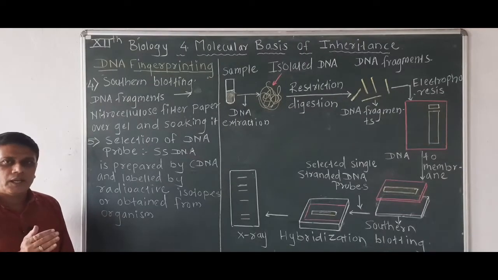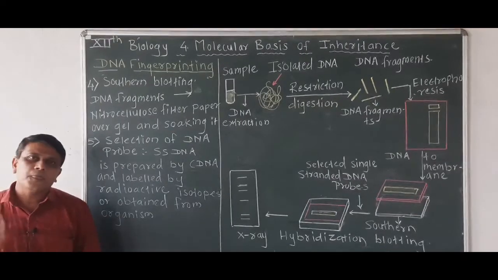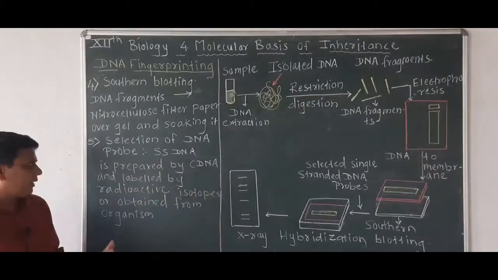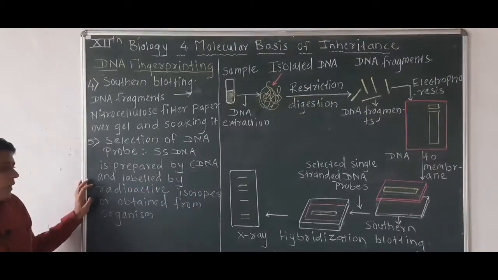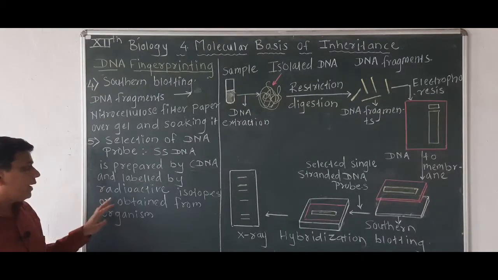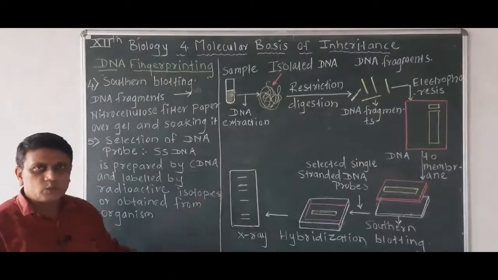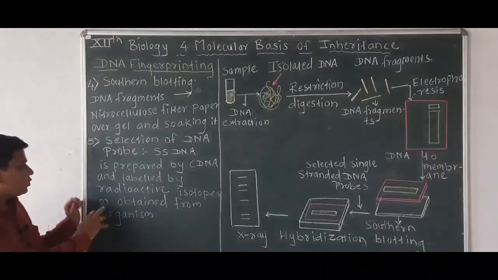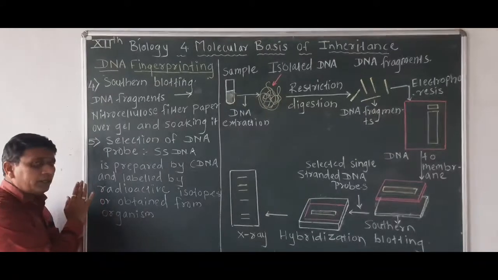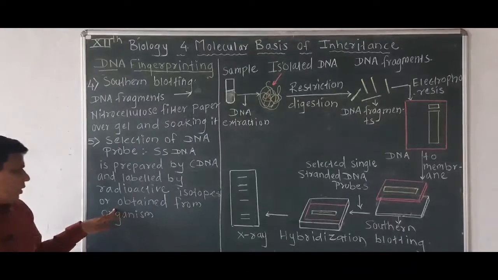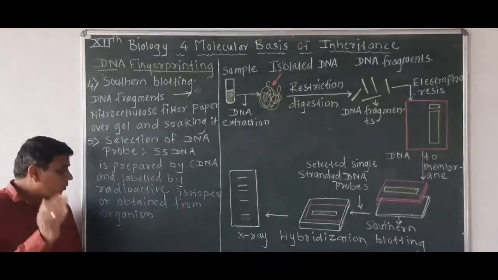So such DNA which is produced from the RNA is called complementary DNA. Then such DNA is labeled by radioactive isotopes so that we can identify the initial DNA.